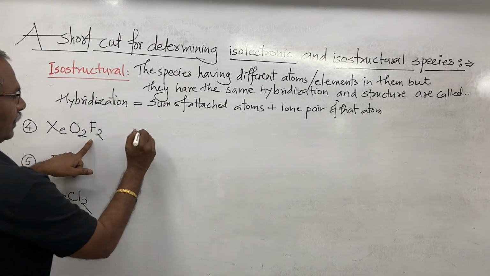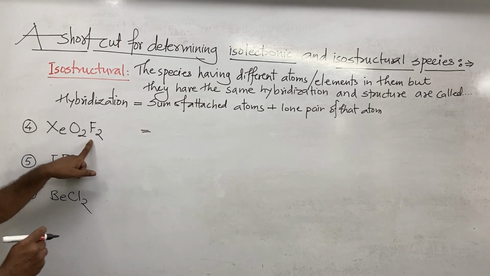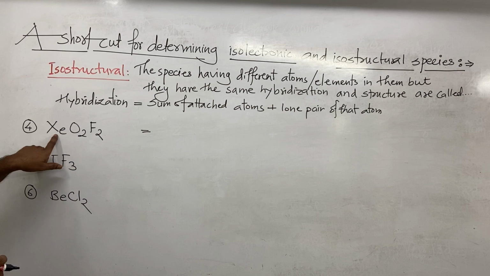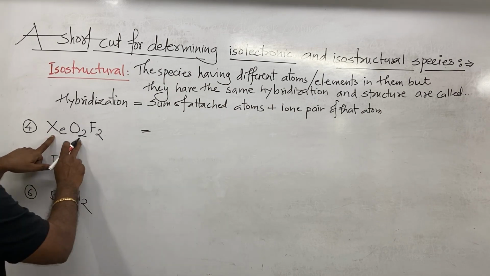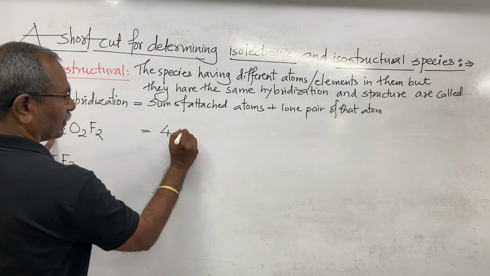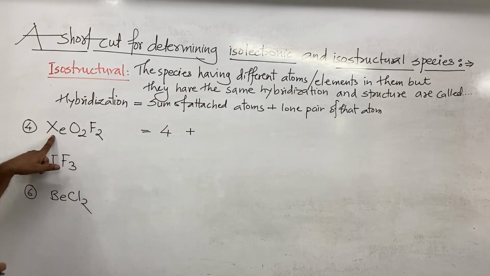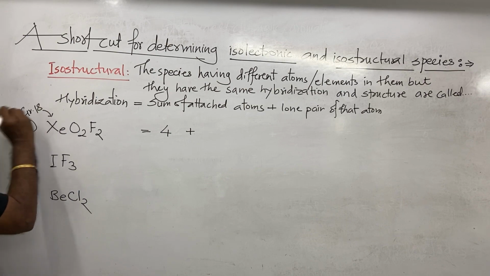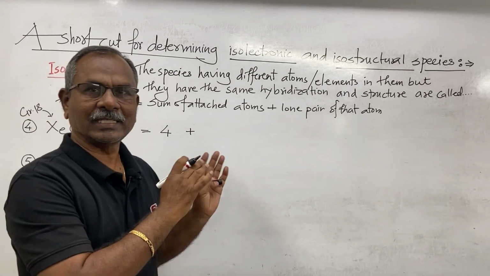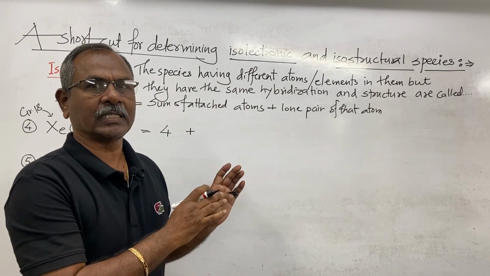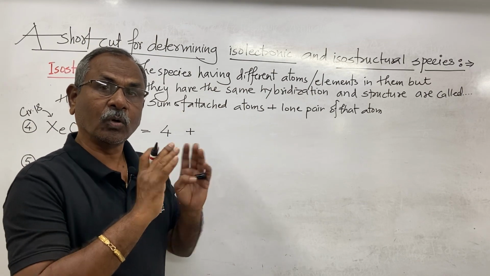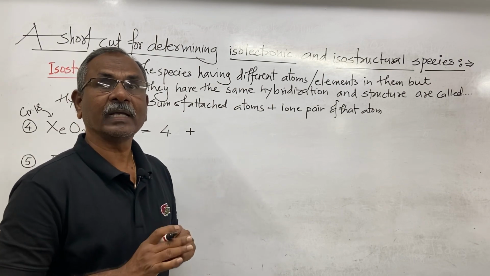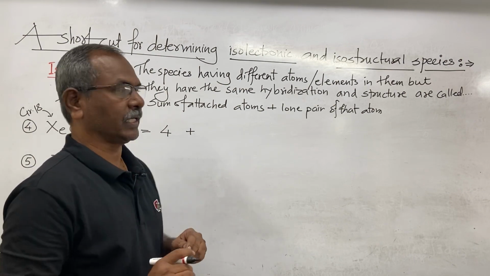XeO2F2. Here you write the number of atoms attached to the central atom, that is xenon. So in all there are 4. Now this xenon belongs to group 18. While solving such type of examples, you should know the whole periodic table and the position of each element with atomic number as well as group number.